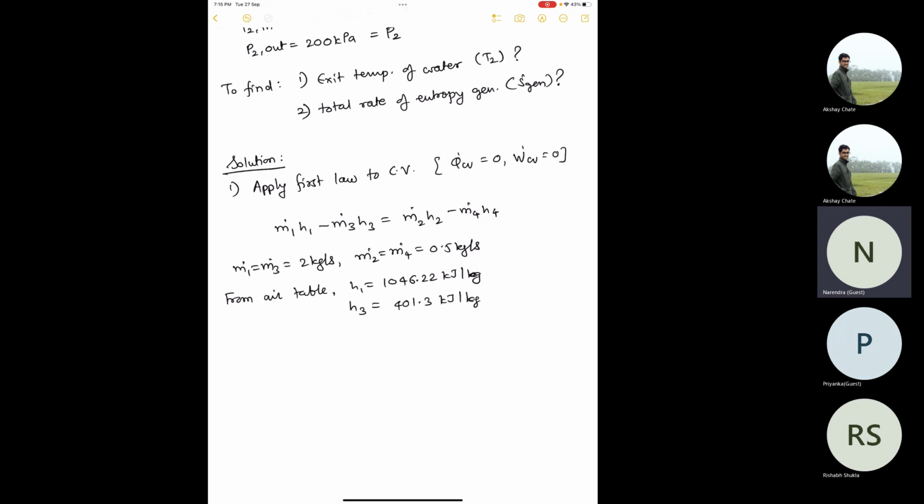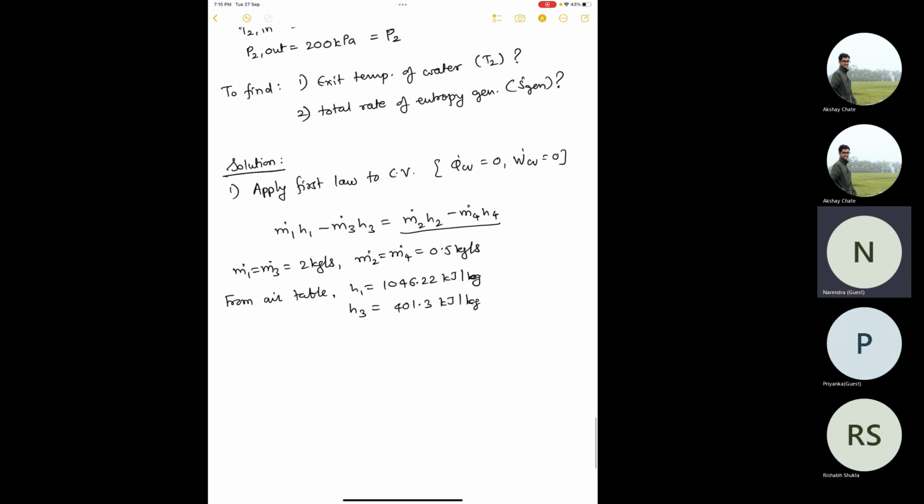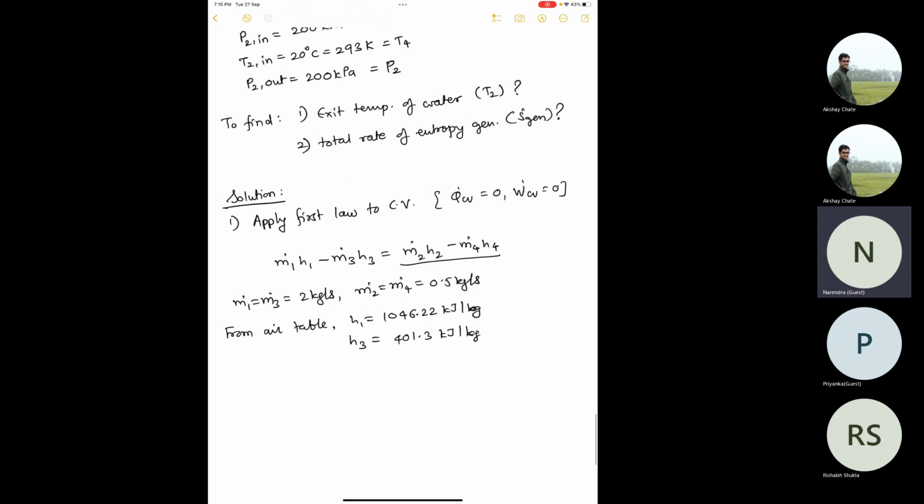Now come to this side of the equation. At the inlet, it is given as 20 degrees Celsius temperature. So you can take c for water as 4.186 and 20 degrees Celsius, so 293. Or again, if you have a steam table, you can take inlet enthalpy as hf at 20 degrees Celsius.